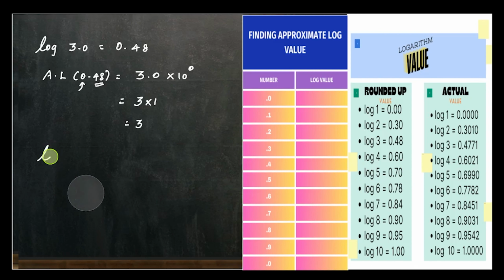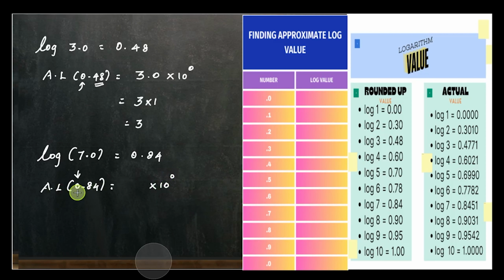If I want to find out log value of 7.0, apply the rules we learned. Since the decimal place is kept after the first non-zero digit, I will have to get 0 point. Log 7 value here is 0.84. Now I'm going to find antilog value of 0.84.